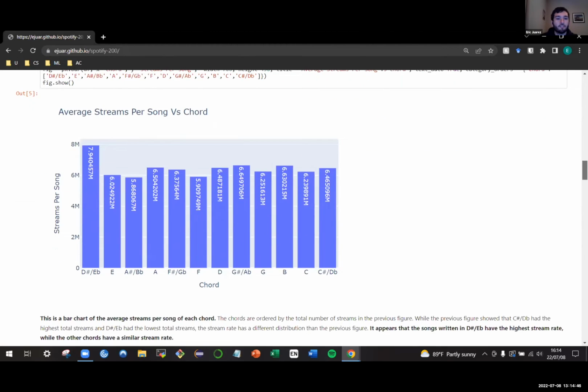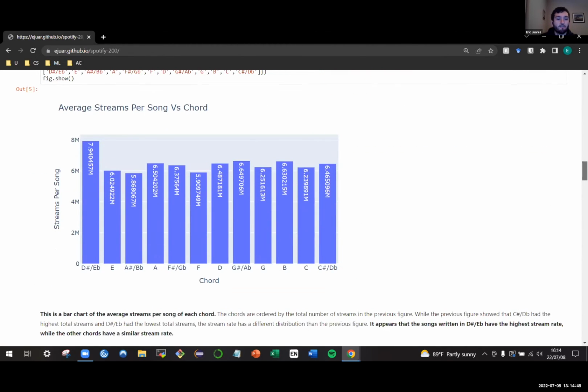So this is the stream rate. This is the bar chart of the average streams per song of each chord, and the chords are ordered by the total number of streams in the previous figure. While the previous figure showed that C sharp/D flat had the highest total streams and D sharp/E flat had the lowest, the stream rate has a different distribution.